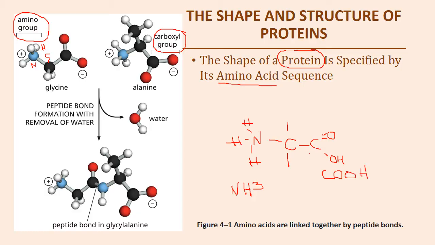Okay, now this side of the amino acid, that's your carboxyl group, and this side of the amino acid is going to be your amino group. You're going to hear me mention those terms quite a bit, so make sure that you know that they're just either side of the central carbon, and that all amino acids will have an amino group and they will have a carboxyl group.